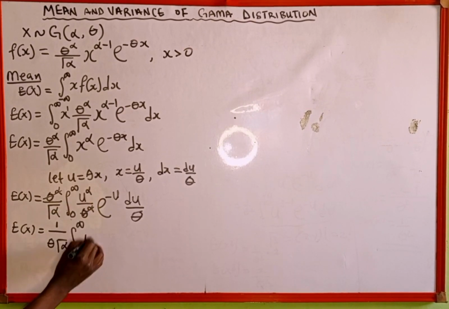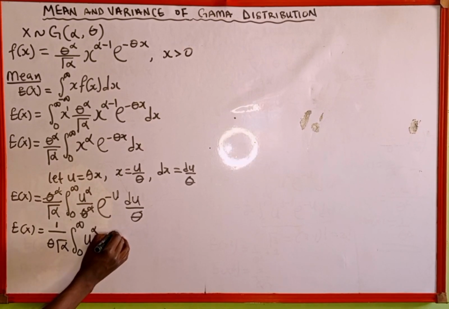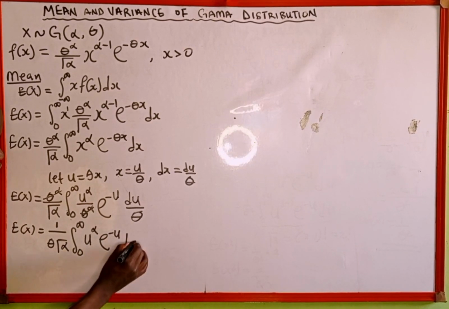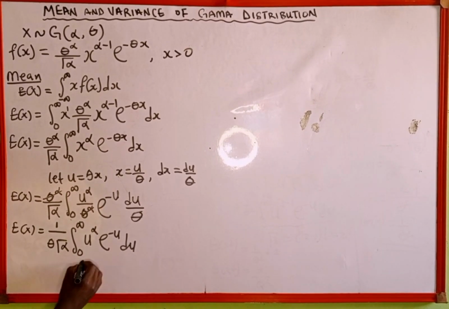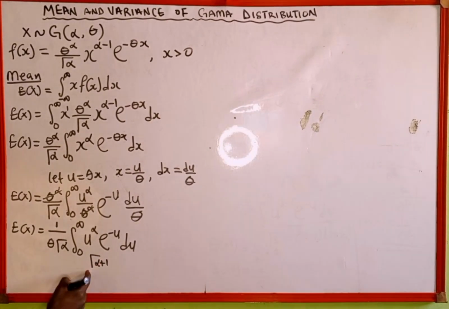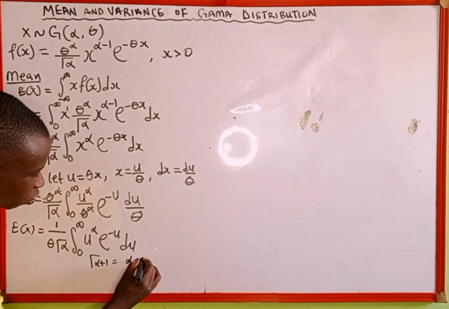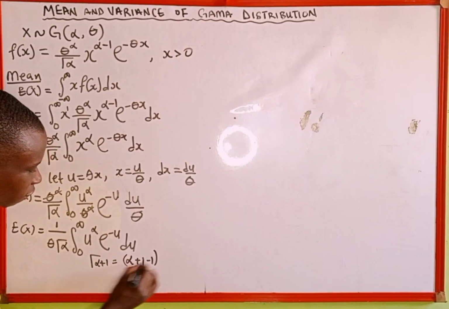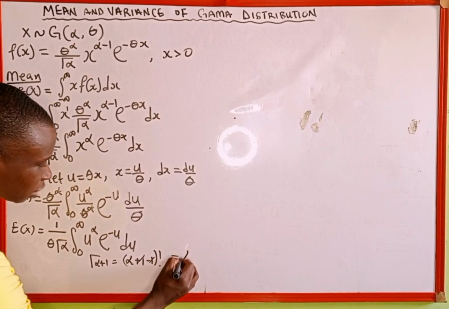What remains is only u to the power of alpha, e raised to the power of minus u, du. And the whole of this, from the integral down to du, is the same as gamma of alpha plus 1. And gamma of alpha plus 1 is the same as alpha plus 1 minus 1 factorial.